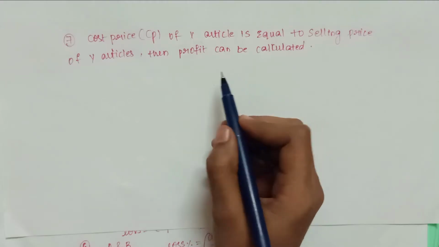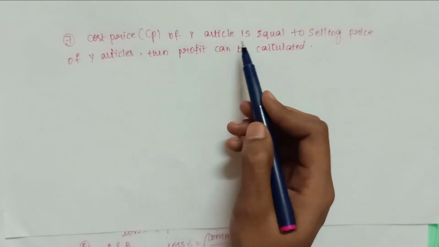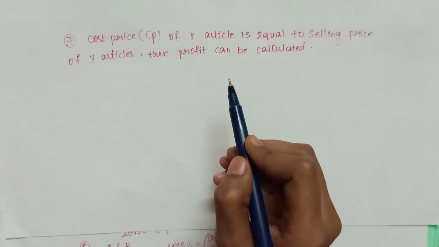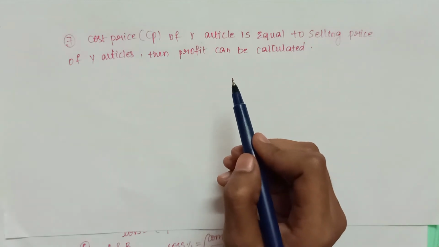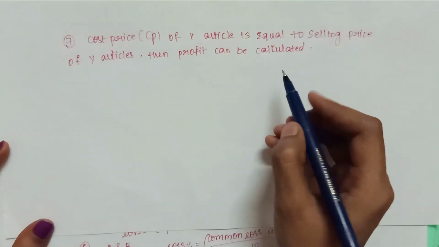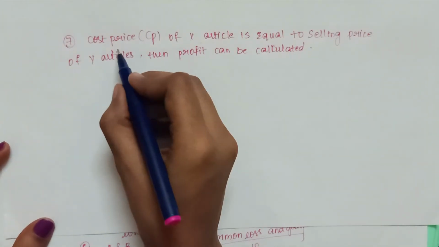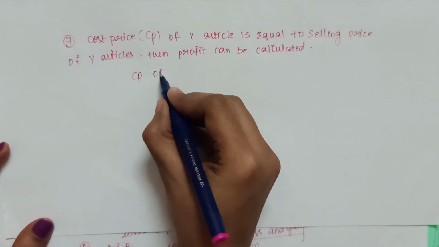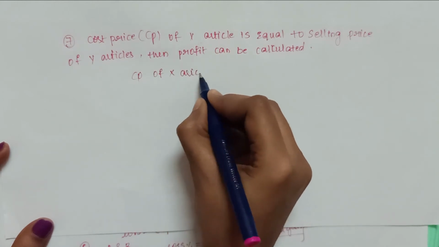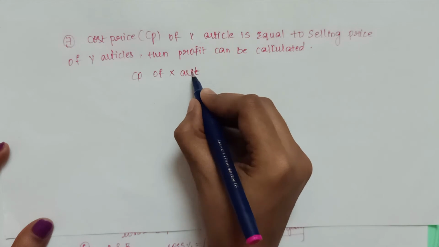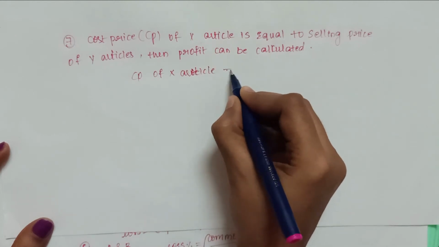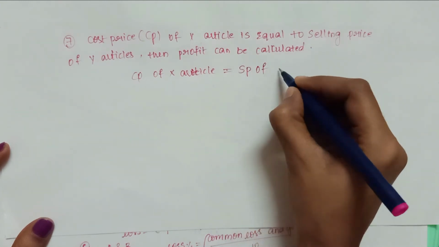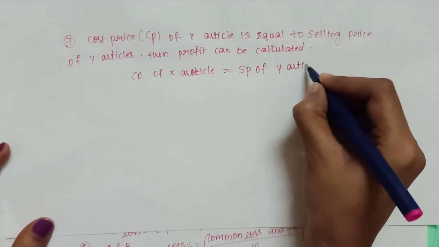Now seventh one, cost price of X articles is equal to selling price of Y articles, then profit can be calculated. Here we can use one trick. Read the question clearly. Cost price of X articles is equal to selling price of Y articles.